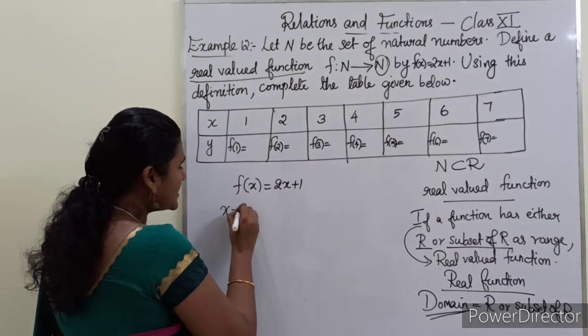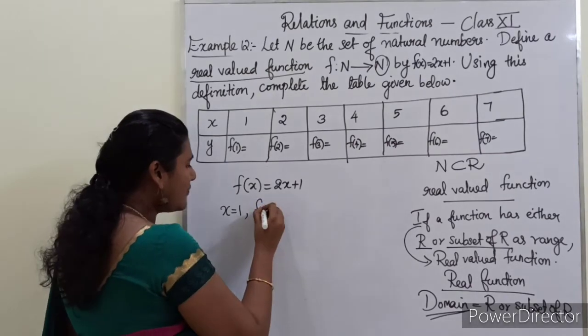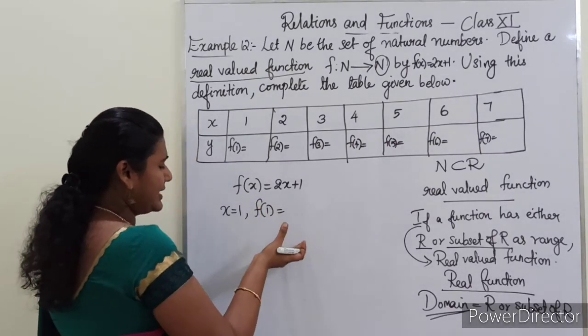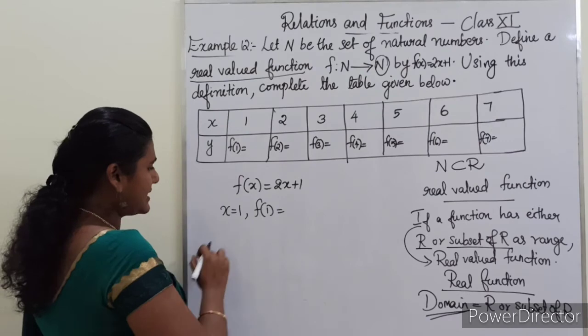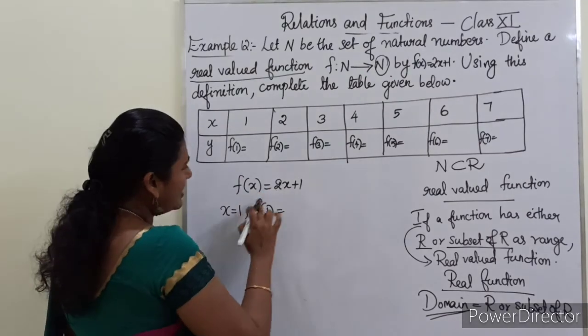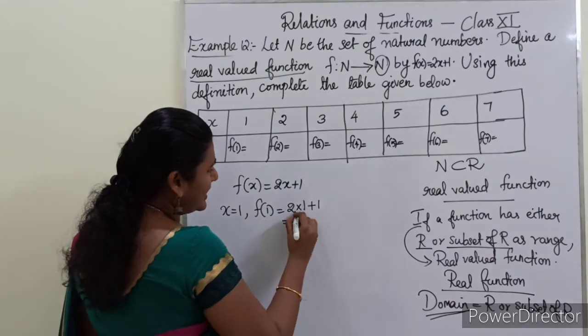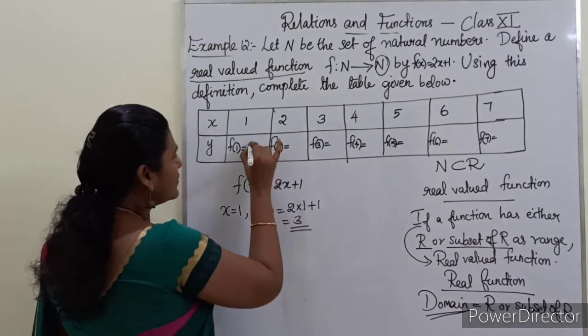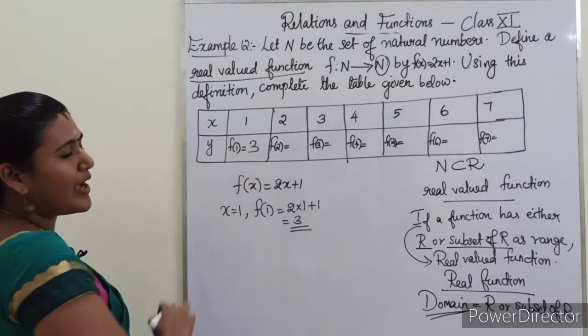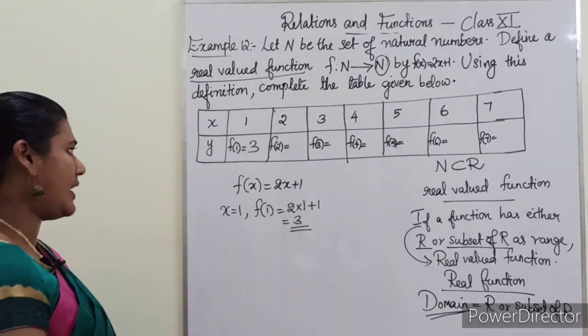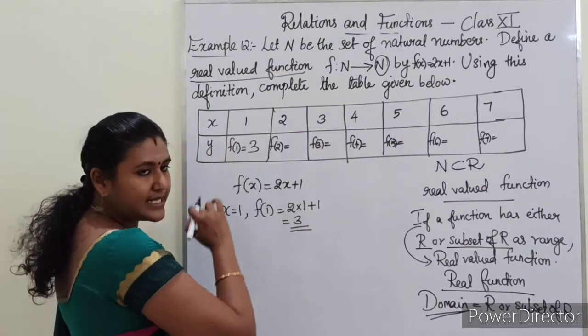You substitute these values so that you get f of that value, that is the y value. In the first case, substitute 1: 2 into 1 plus 1, that is 2 plus 1, equal to 3. So for the first element 1, the value of y is 3.